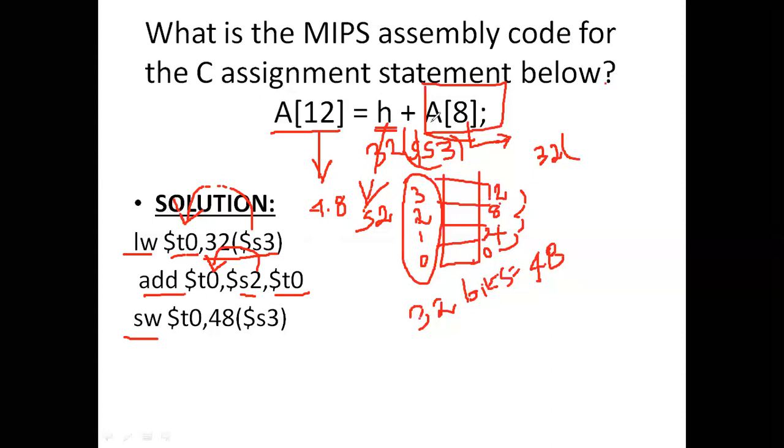S3 is the register used for the variable A. Therefore 48 of S3 represents A[12]. So finally the value of T0 will be stored into A[12]. So this is the assembly code for the given C statement.